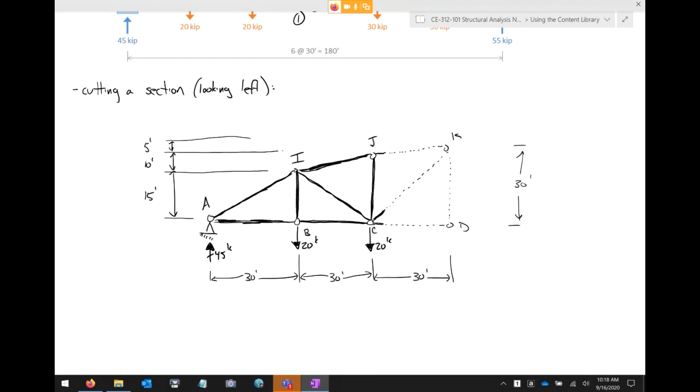Now, when I start drawing out these unknowns, just to make things simpler, I usually always assume all unknowns assumed in tension.